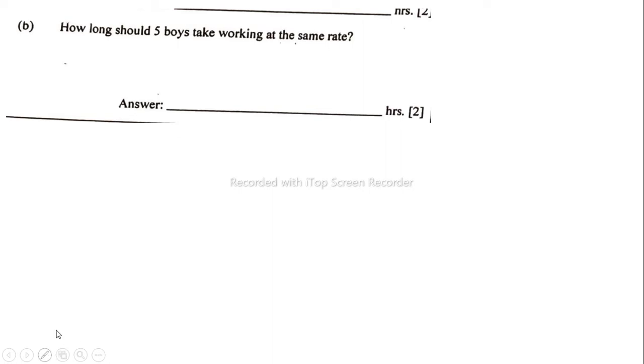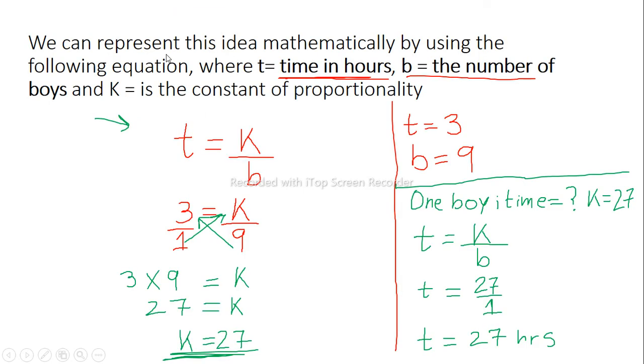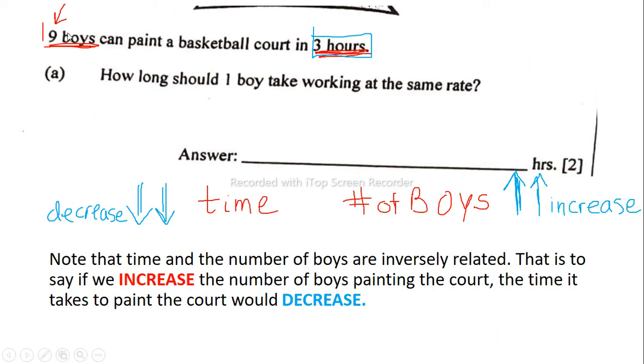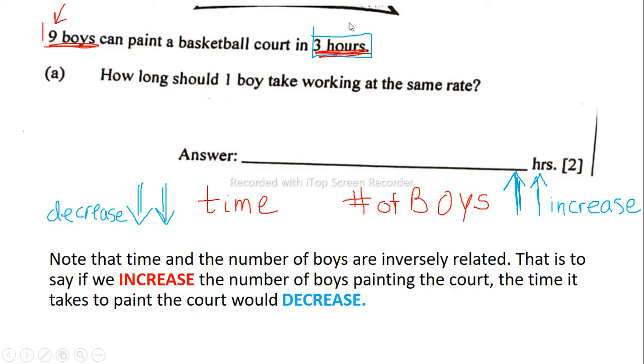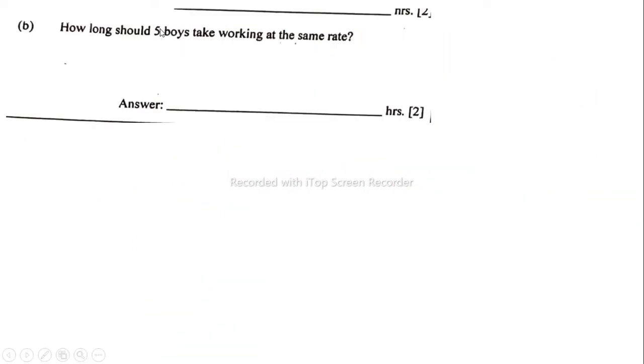Again, we multiply the number of boys by the number of hours, then divide by how many boys they give you. In the first case they gave us 1 boy, so 9 times 3, which is 27 over 1. But in this case, they give us 5 boys, so we say 9 times 3 divided by the amount of boys they give you, which is 5.